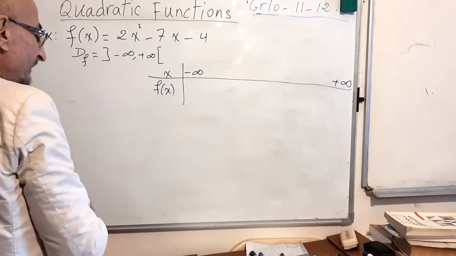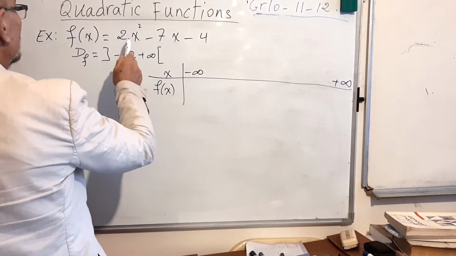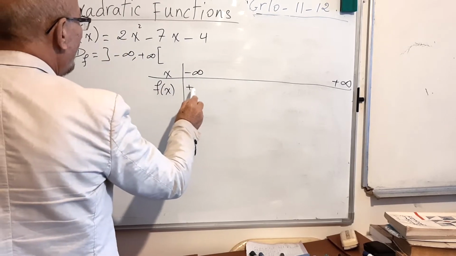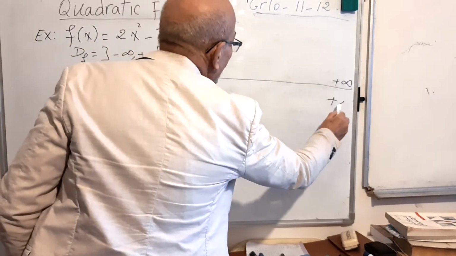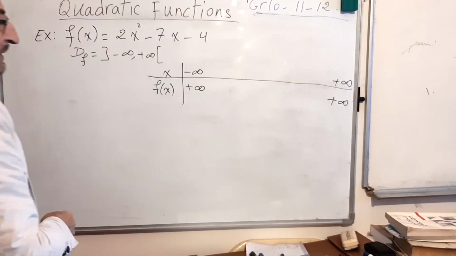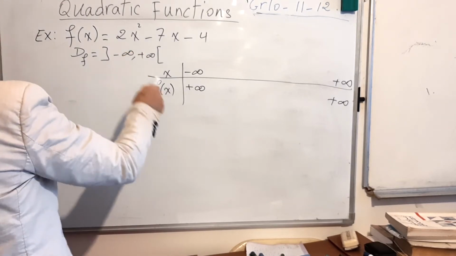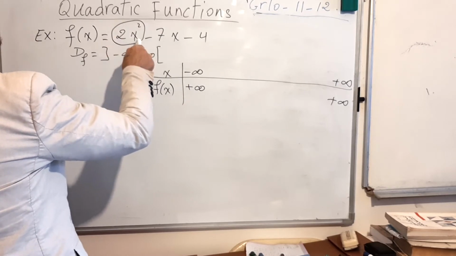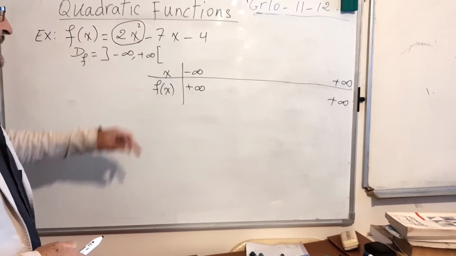For f of x, as x tends to minus infinity, and also for x tends to plus infinity, we substitute infinity in the greatest power, 2x2.